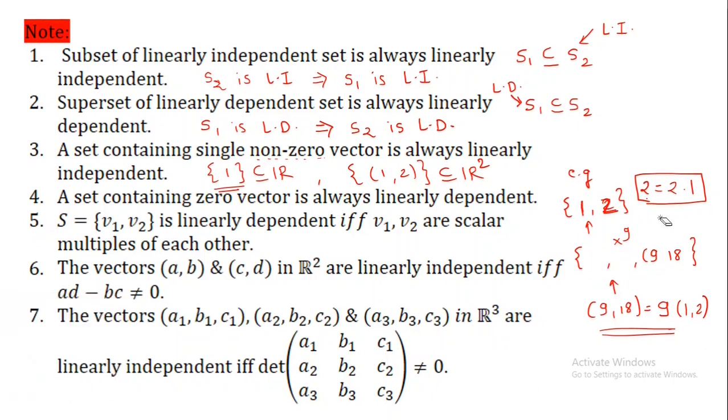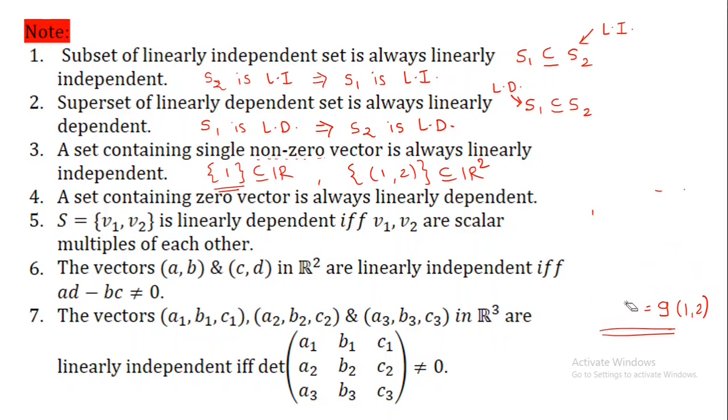Now what is our sixth note? This sixth note is for vectors in R2, but note, if we have two vectors in R2, then and only then can we use this note. Once you have two vectors in R2, you simply find the determinant.